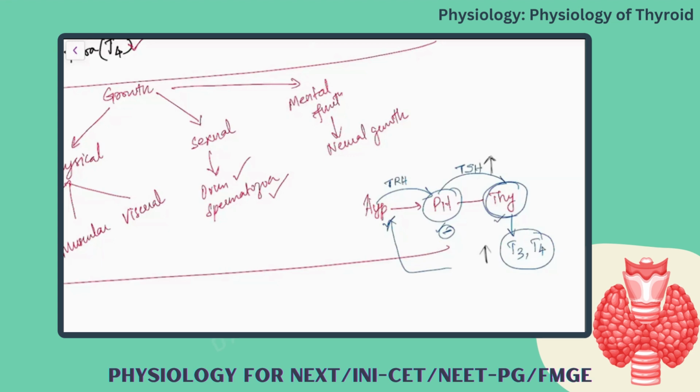In general, if the feedback mechanism is normal, then excess T3, T4 will give a signal to the pituitary gland, and then the pituitary gland should decrease TSH. But if TSH is high, it indicates abnormality at the level of the pituitary gland. The pituitary gland is not receiving the negative feedback given by the T3, T4 from the periphery.